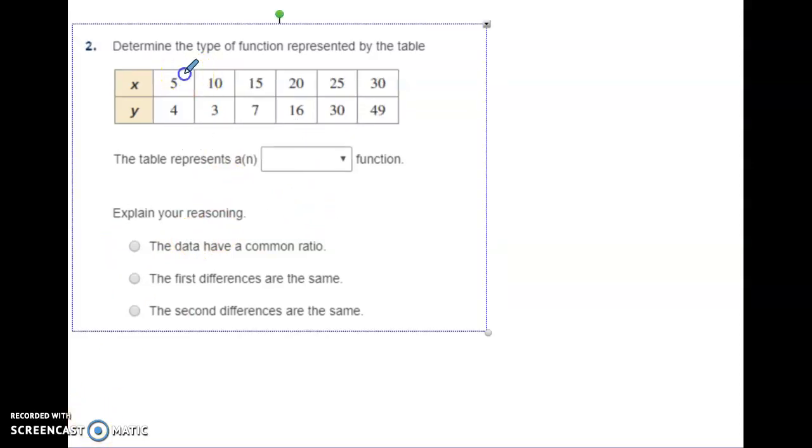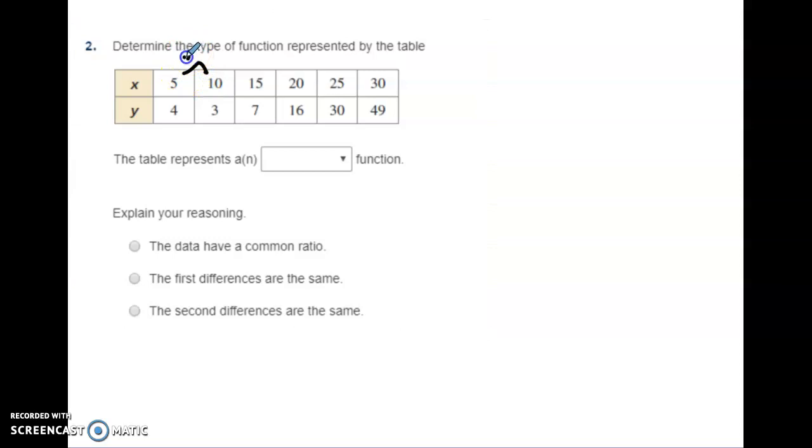Number 2, we look at this again, and we notice that these are all adding by 5. I just check, yep, they're all adding by 5. This one looks a little different because it goes down and then it goes up, so I don't notice a common ratio. I'm going to look for a common rate. How do I get from 4 to 3?